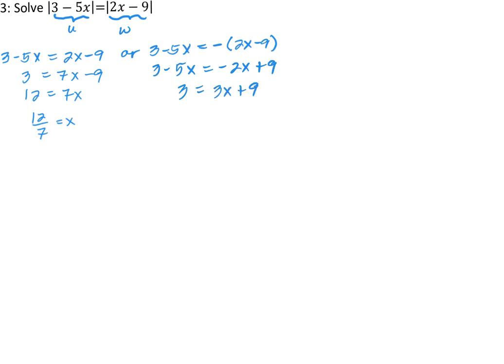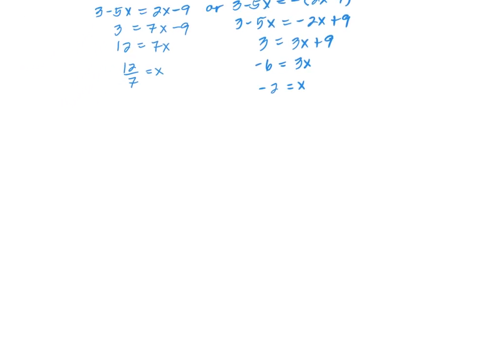And then when I subtract 9 from both sides, I get negative 6 is equal to 3x. Dividing by 3, I have negative 2 is equal to x. And again, if we put in negative 2 for x, that equation will be true. So we have two solutions. We have 12 over 7, and we have negative 2.